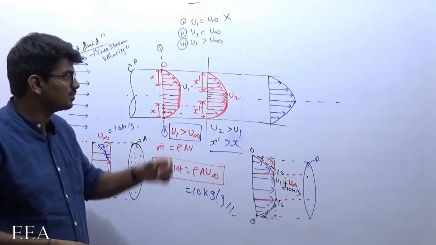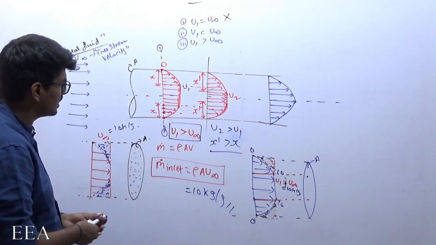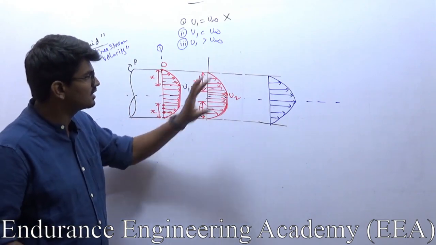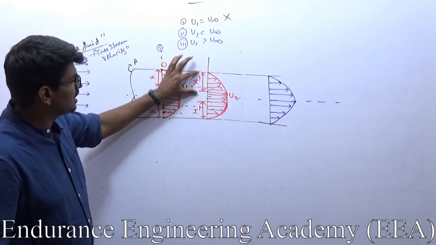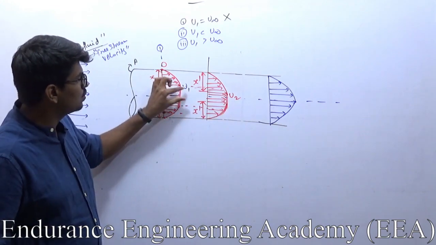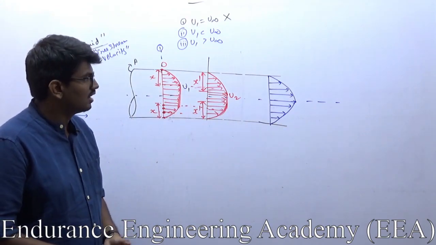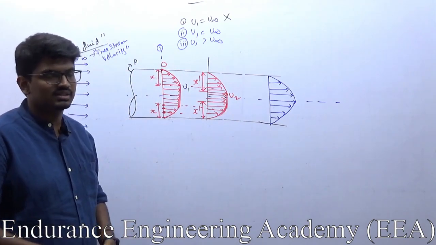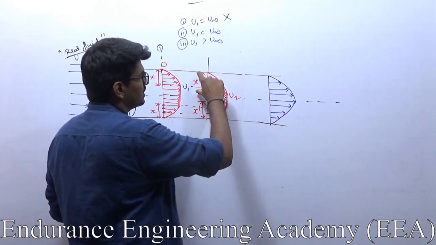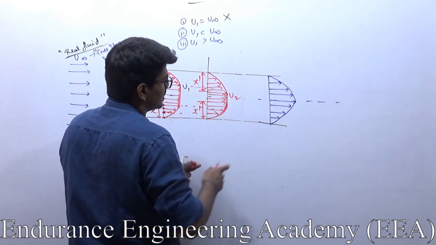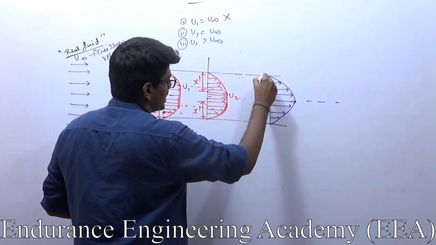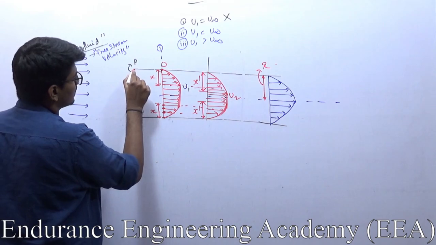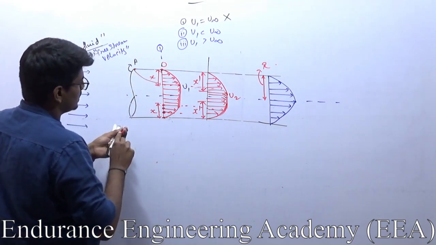Velocity profiles are not the same. See, here a different velocity profile, here a different velocity profile. Let me erase it. Until I reach this point, velocity profiles are continuously changing, right? So here x is increasing and u1 is increasing, right? And for reaching this constant velocity, the distance taken was continuously increasing, and finally this distance x1 is reaching the radius itself, the radius of that particular pipe.